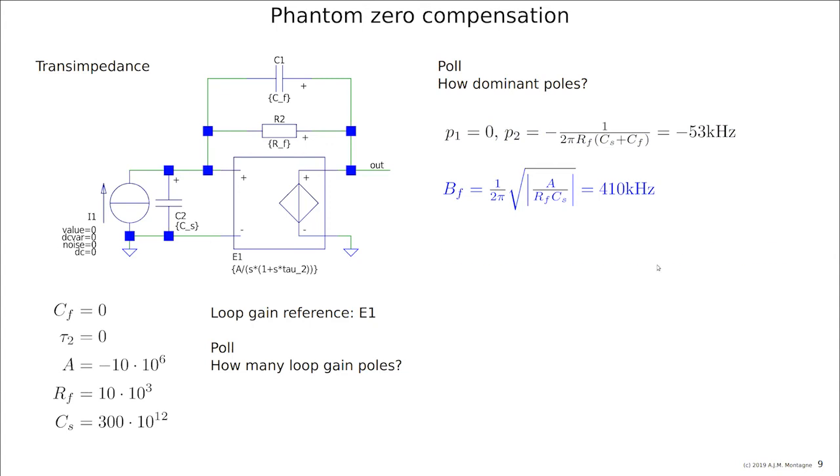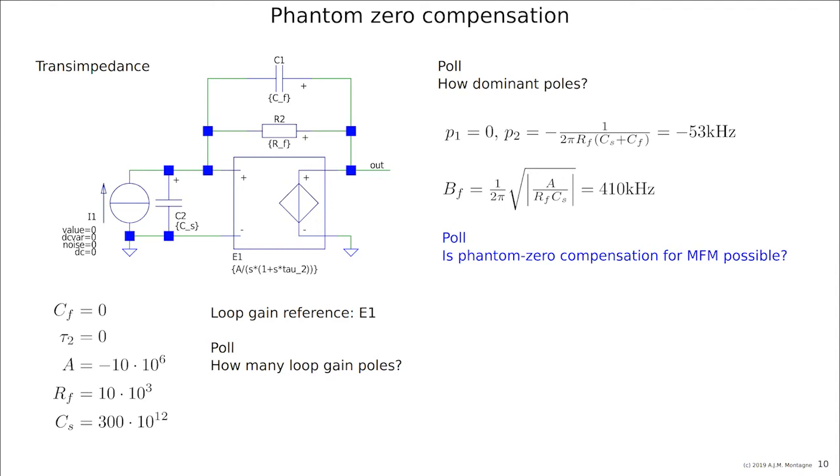So next question is, can we compensate such a system to a maximally flat magnitude characteristic with the aid of a phantom zero? Phantom zero compensation is possible if minus the sum of the poles is smaller than the square root of 2 times the achievable bandwidth.